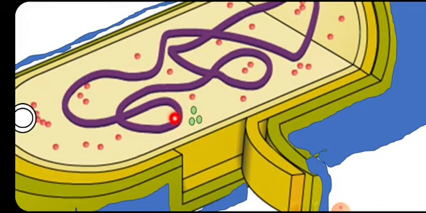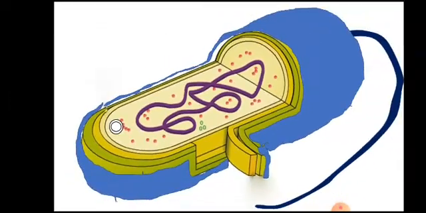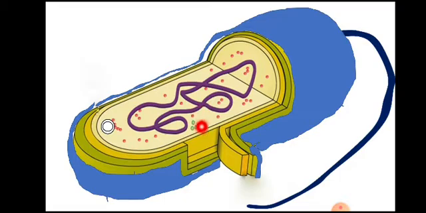These may be present in some bacteria and may not be present in others, so they are not essential for growth. These are the accessory inclusions present in bacteria, required for some extra functions that we'll learn later on.